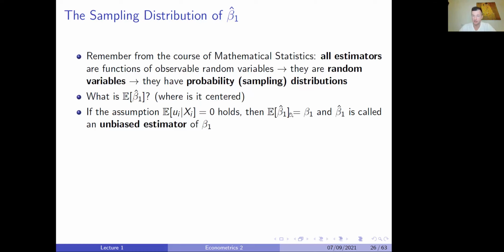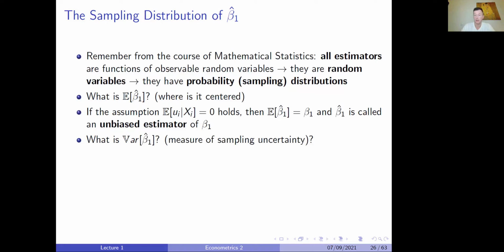And if this expression holds, beta 1 hat is called an unbiased estimator of beta 1. So if I can establish this conditional zero mean assumption, then my best guess for beta 1 hat is beta 1 itself, which is totally fine for me because it is what I want. I want the most likely value of beta 1 hat based on the random sampling to be beta 1.